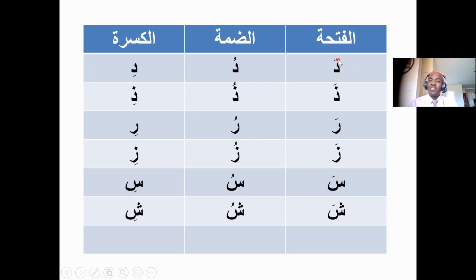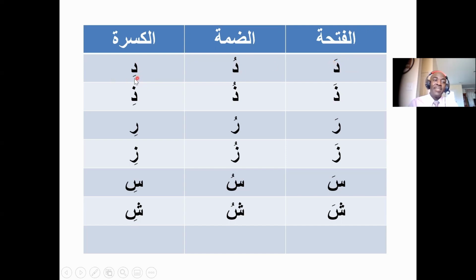So the diacritics, as we said, determine the sound of each Arabic letter. And as we said, we have three major sounds: fatha, a, and fatha is this diacritic on the top. Dhamma is this one on the top. Kasra is this one underneath. So if it's on the top of the letter, that's the fatha, you open it.